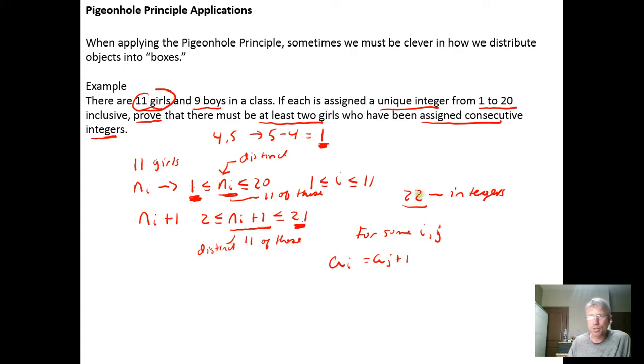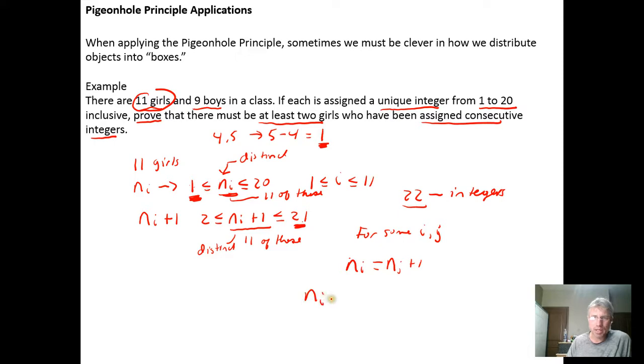Because there's 22 integers, and two of them must be the same integer, and integers within either set are distinct, something from here, which looks like an a sub i, actually I should be using n's because that's what I chose to use. There's going to be some n sub i from this set that has to equal some n sub j plus 1 from the other set.